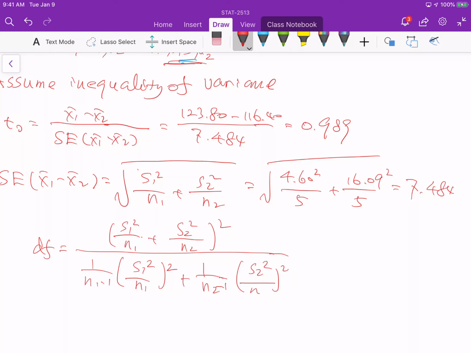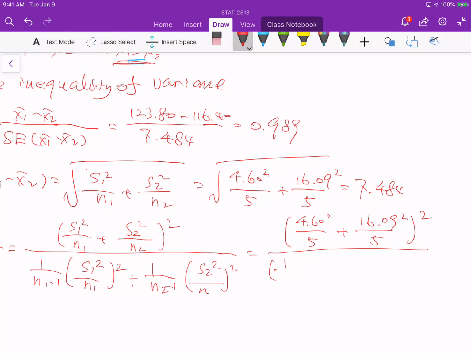So s1 is 4.60 squared, over 5, and then plus 16.09 squared over 5, all squared, and then 1 over 5 minus 1 times 4.60 squared over 5 squared.